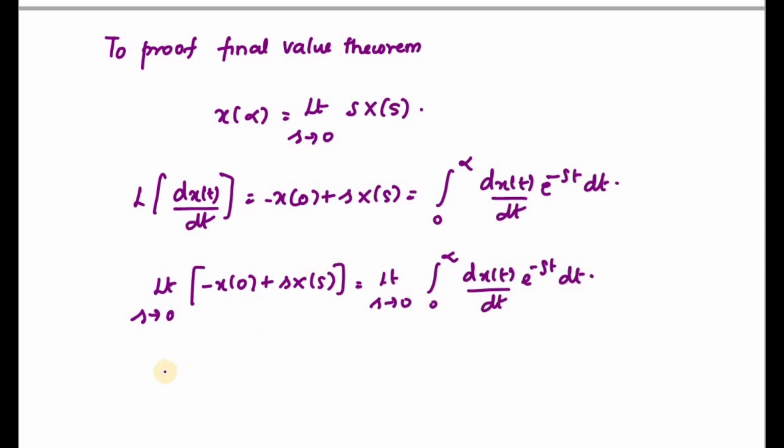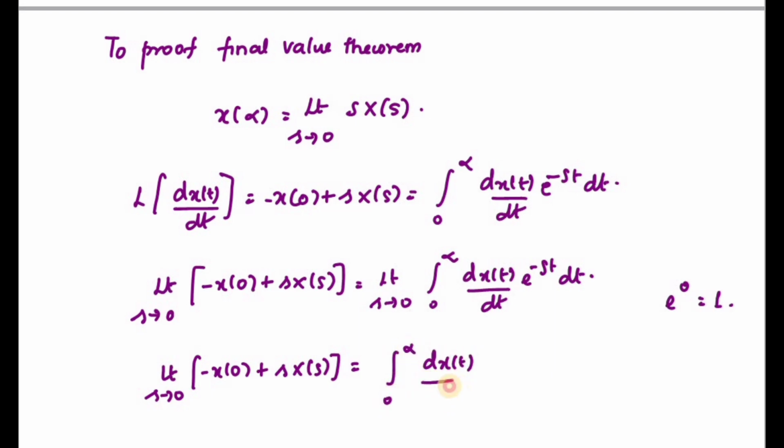So again, limit s tends to 0 of minus x of 0 plus s into x of s is equal to, if I substitute s equal to 0, e power minus st becomes anything power 0, which is 1. So I will get the integral from 0 to infinity of dx of t by dt, dt.